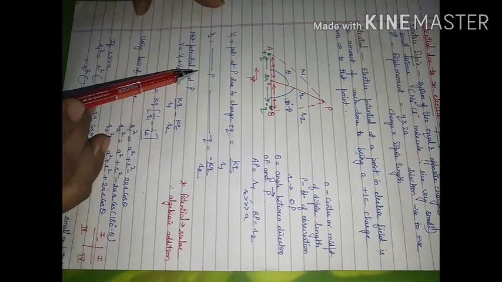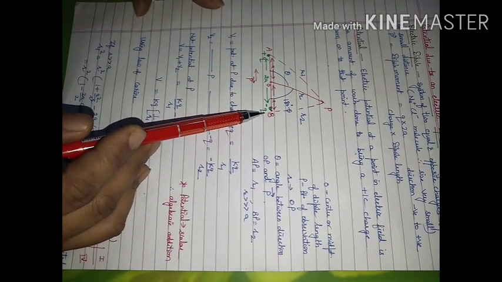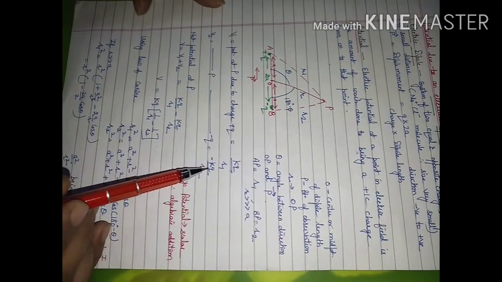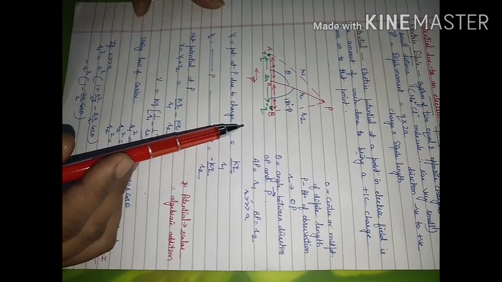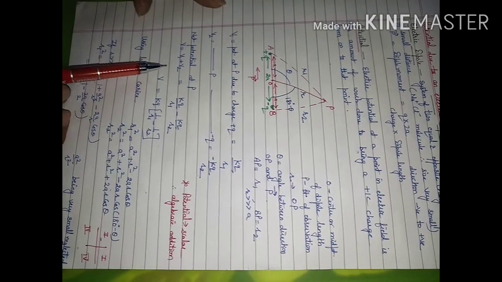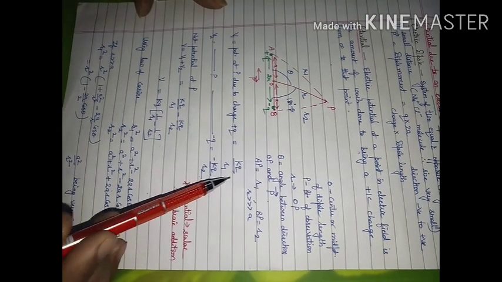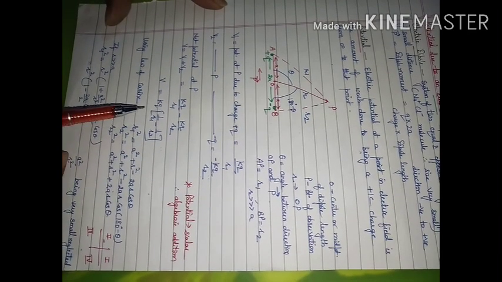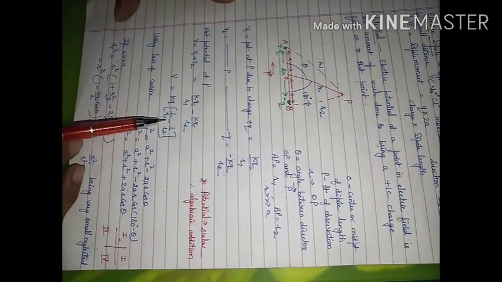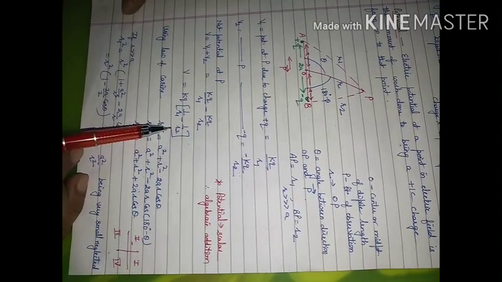Similarly, V2, the potential due to the negative charge, will come out to be minus kq divided by r2. Potential is a scalar quantity, so net potential will be just the algebraic sum of these two potentials. So when we add, kq will come outside, and inside the bracket what is left? 1 upon r1 minus 1 upon r2.